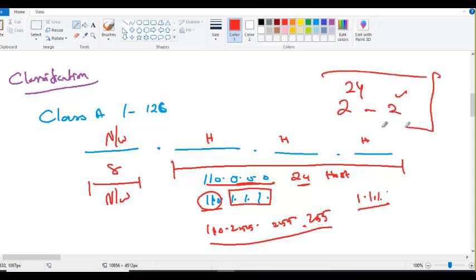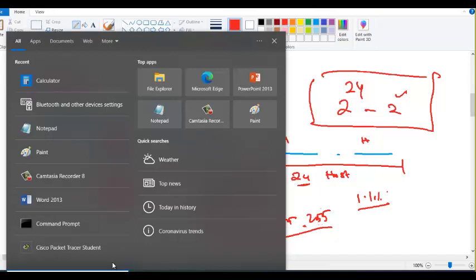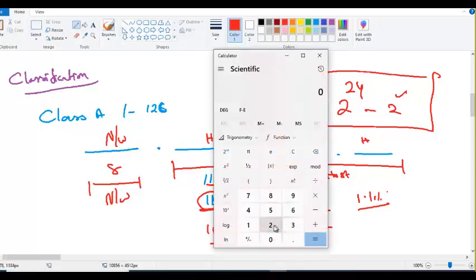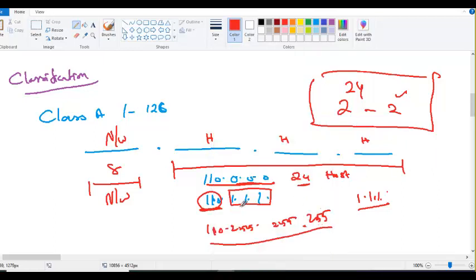So these many IP addresses you will get out of every single Class A network. Let's calculate and see. 2 to the power of 24, minus 2. These many IP addresses you will get in just one network.